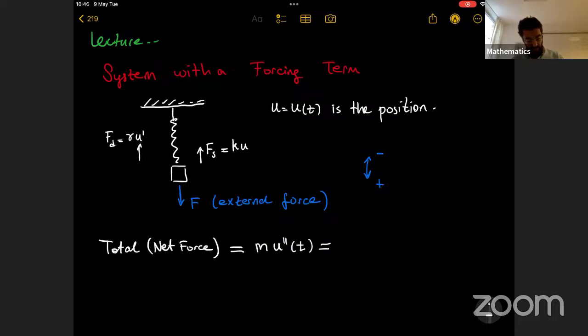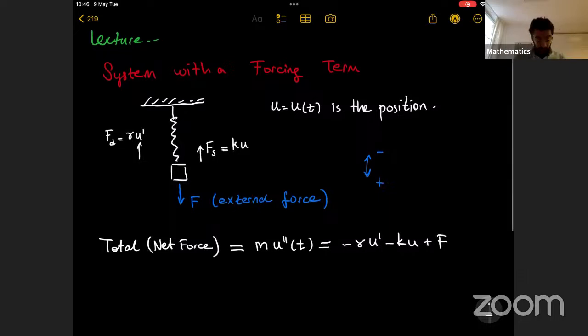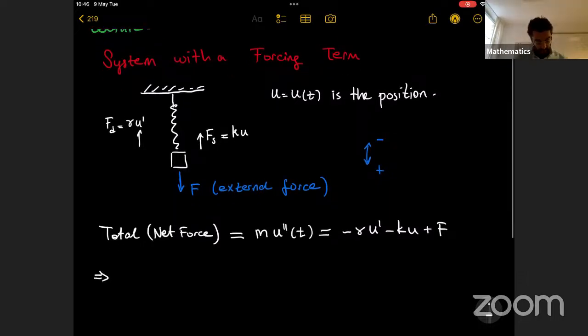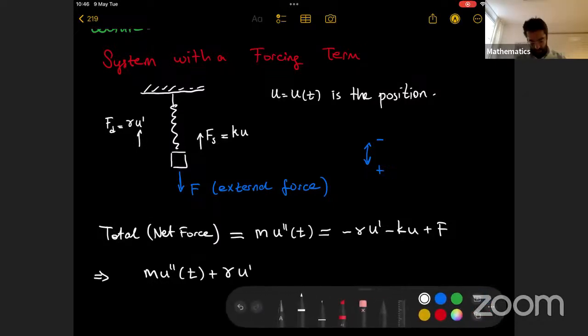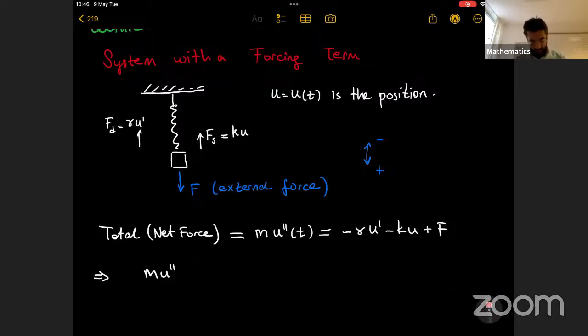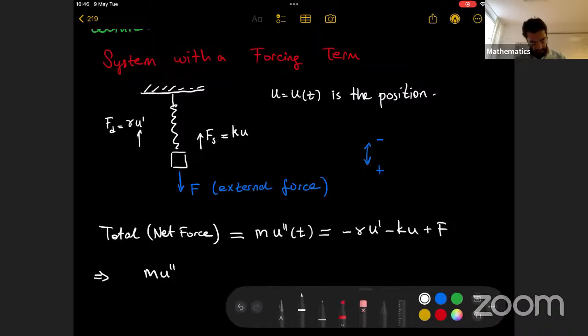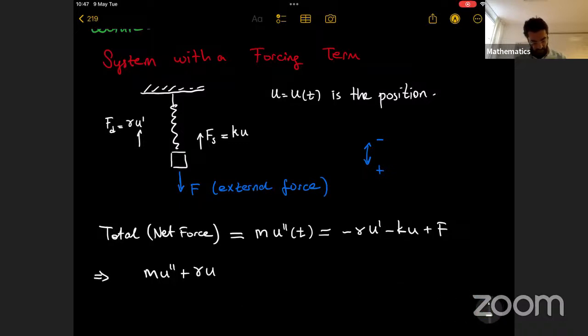We have minus gamma u prime minus ku plus F. Or you can write in a better way like this: M u double prime plus gamma u prime plus ku is equal to F. u is a function of t, so we don't need to write t. F is not a constant, it's F of t.